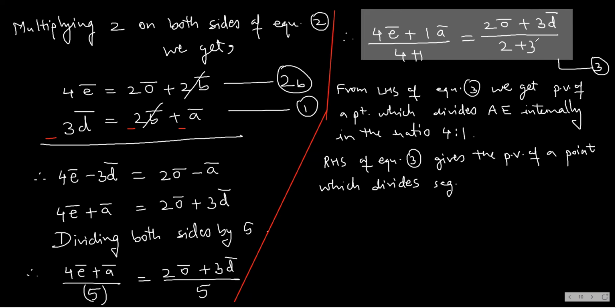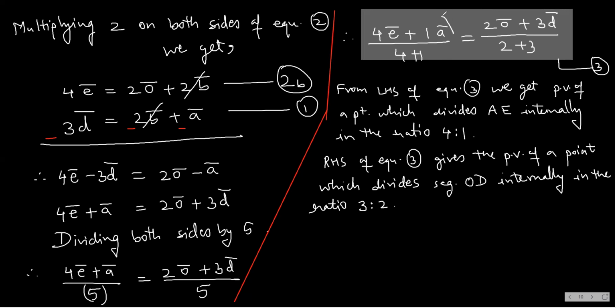Since I'm writing OD, the ratio will be the other way, 3:2. Definitely it is internally because we have plus sign here, internally in the ratio 3:2.